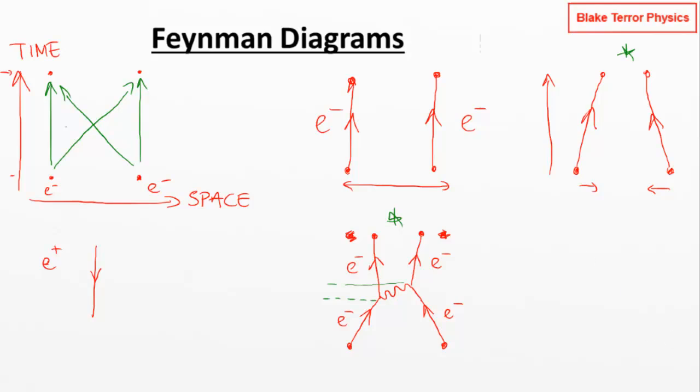Similarly, we could have something even more complicated. If we've got the same start and end points, we could have something like, this is going to be hard to draw, but say they had actually crossed, let's say I've drawn these far enough apart really, and then repelled each other that way with a photon going across.